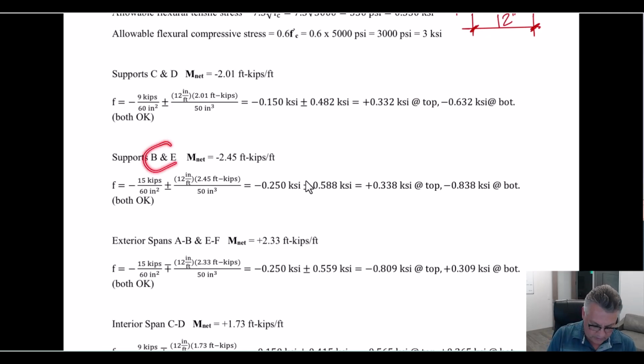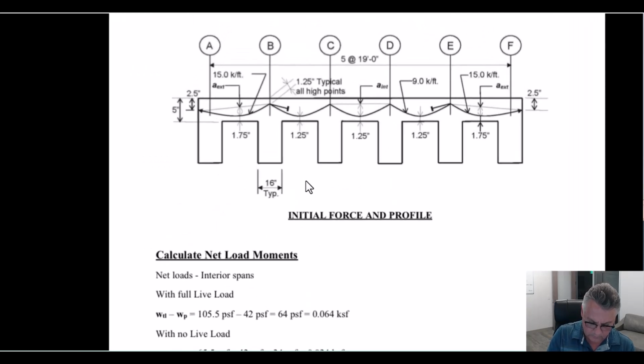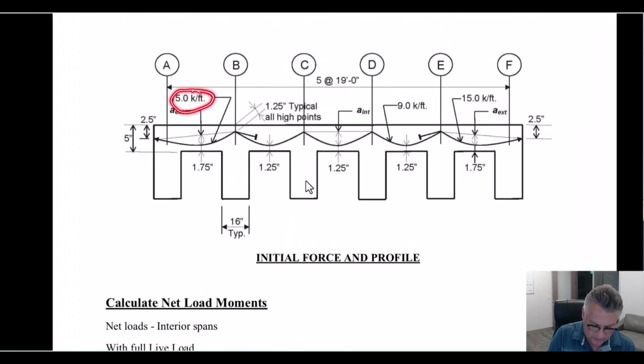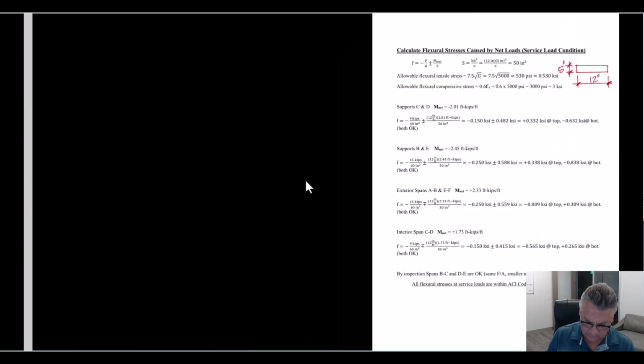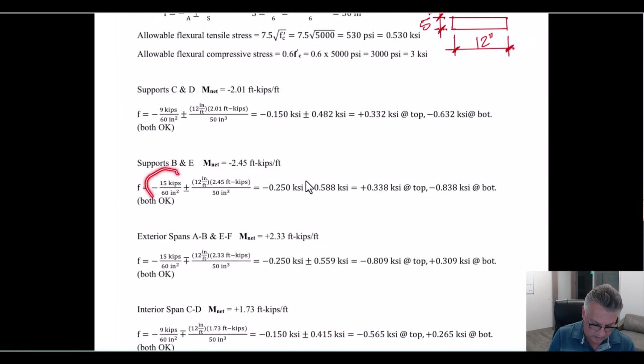That supports B and E. We have 2.45 kip-feet. Remember, at those locations, we actually have 15 kips a foot. So our negative F over A is 15 kips over the 60 square inches.